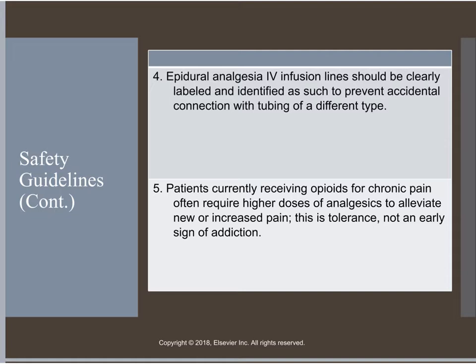Patients currently receiving opioids for chronic pain often require higher doses of analgesics to alleviate new or increased pain. This would indicate tolerance and not an early sign of addiction. Confer with the healthcare provider, who might not be aware of at-home dosages. Be aware of individualized doses and ensure that all caregivers are informed.